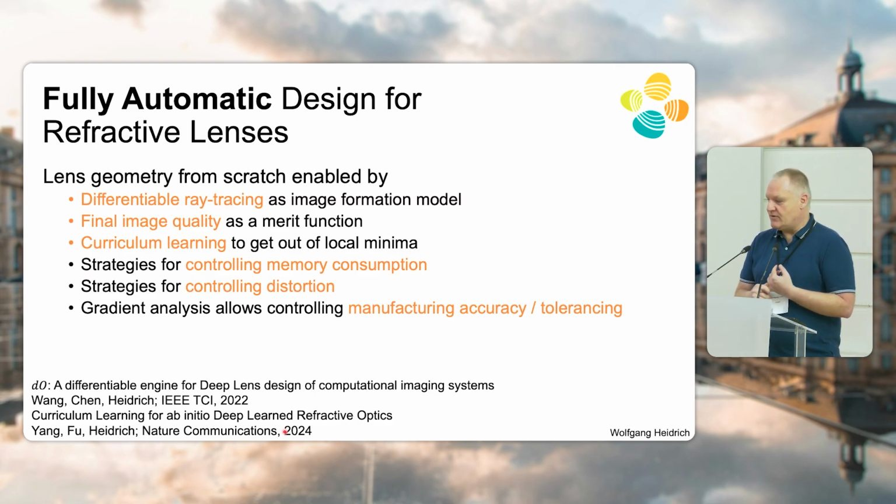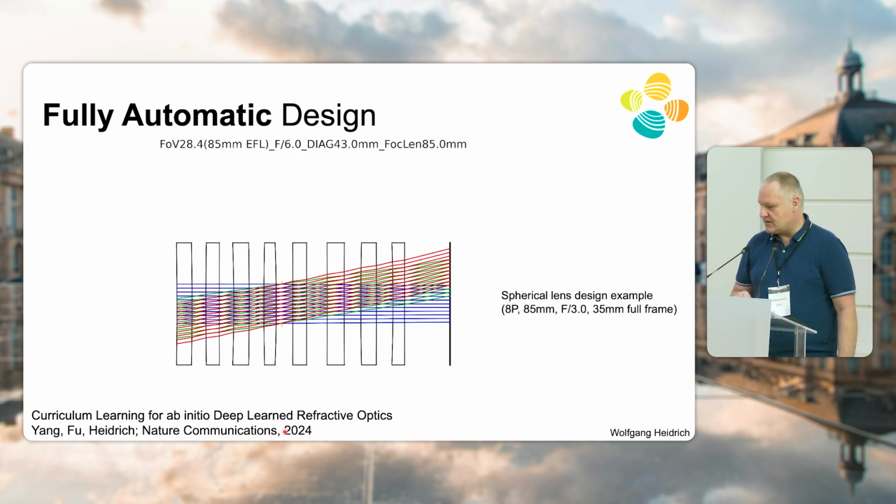So you have a differentiable ray tracing engine. You have a design metric that's based on the final image quality after reconstruction. And then we have a curriculum learning strategy that allows us to actually get out of local minima. Let me show you what that can do.